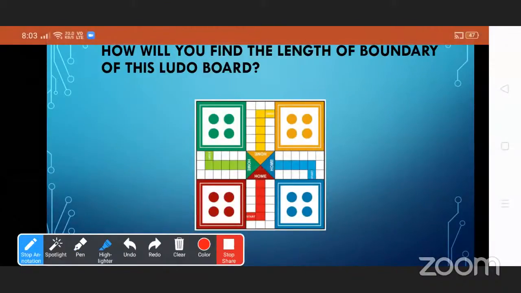See here, this is the boundary of this Ludo board. So we have to find the length of this.